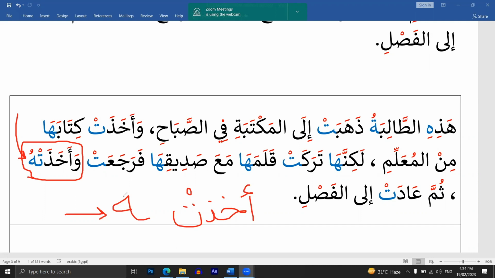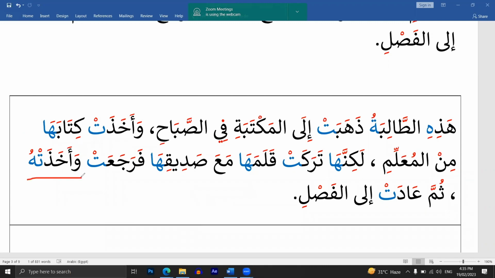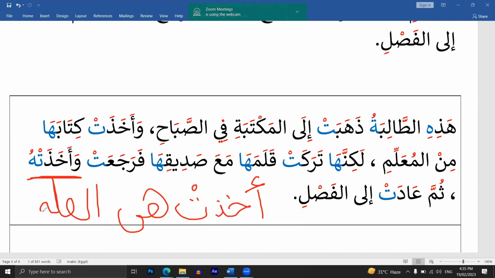And it, this one is referring to which noun? The pen. So the original, if we analyze this word, will be like this: أخذت هي القلم. أخذت is a verb, هي is the subject, and القلم is the object.